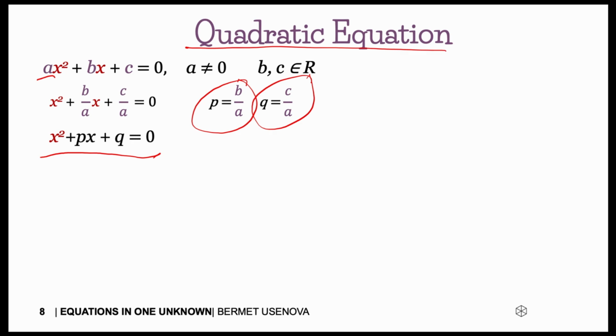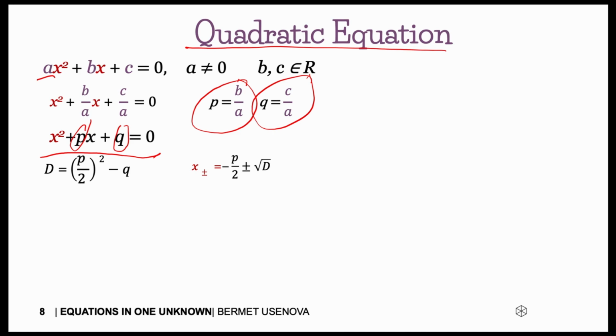Basically, if you have an equation without any number in front of x squared, it's already in normal form. That's a short clue. If there is some number, 2, 3, or any number in front of x squared, that is ABC form. P and q are coefficients of the quadratic equation, and the solutions of these equations are often called roots and can be found through the following formulas.